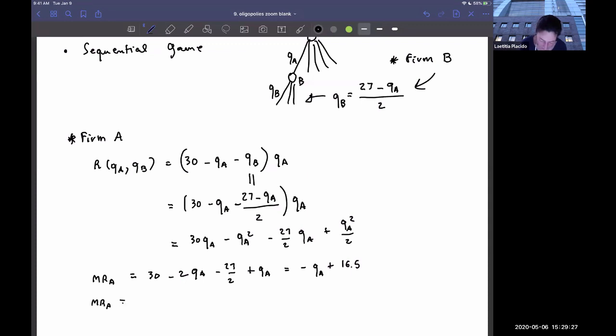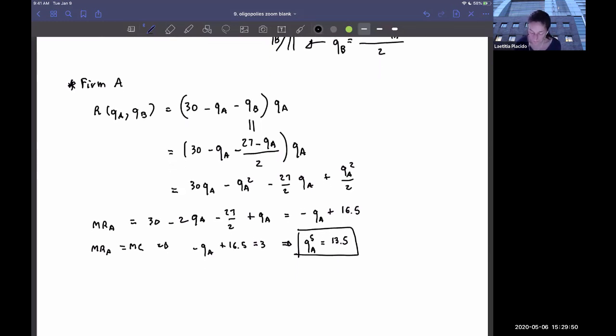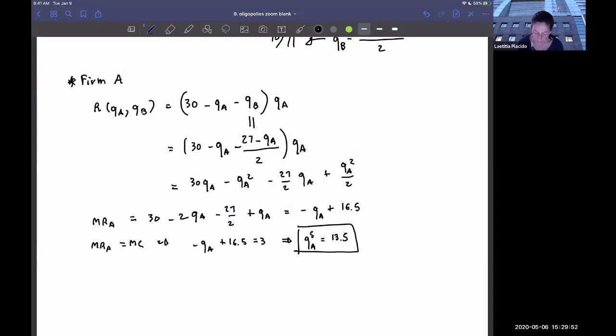Marginal revenue equals marginal cost implies minus QA plus 16.5 equals 3, and so QA for the Stackelberg leader is going to be 13.5.